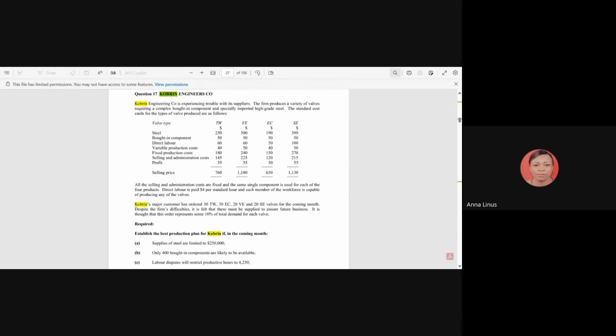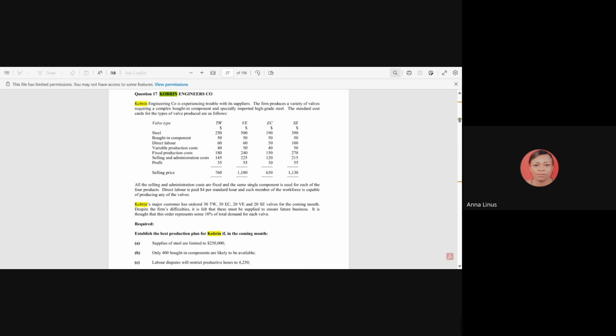Cobrin Engineering Company is experiencing trouble with its suppliers. The firm produces a variety of valves requiring a complex built-in component and specially imported high-grade steel.